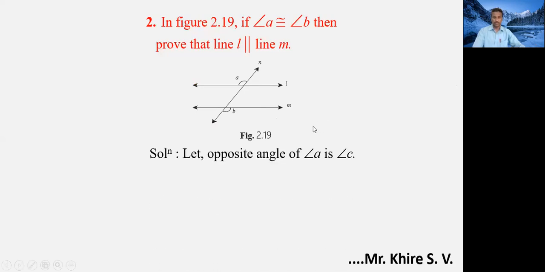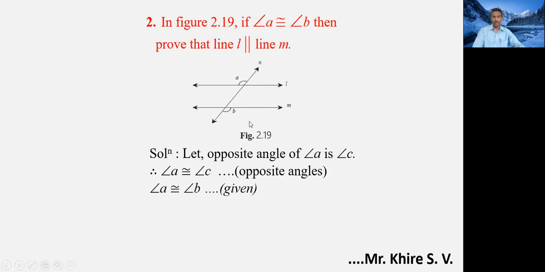Solution for this is, suppose opposite angle of angle A is angle C. We know that property of parallel lines, opposite angles are always congruent. Therefore, angle A is congruent to angle C. Now, angle A is congruent to angle B. It is given in the question.